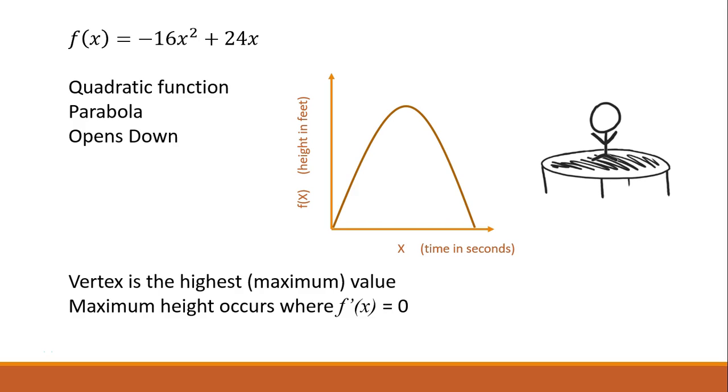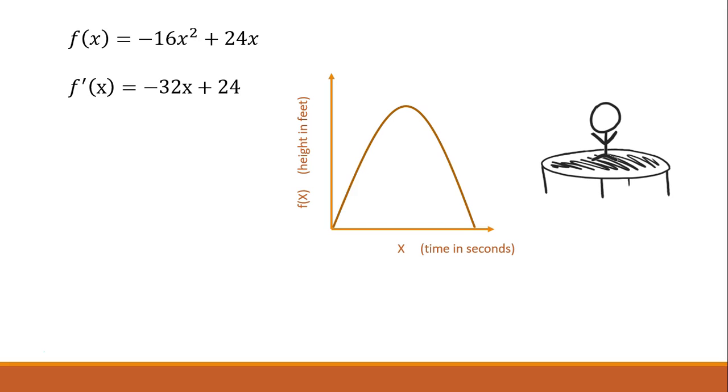If we want to know the height that she reached at her maximum point, we're looking for the vertex, and in particular we're looking for the y-coordinate of the vertex. If we want to know the time that that occurred, we're looking for the x-coordinate of the vertex. So let's take the derivative of the function.